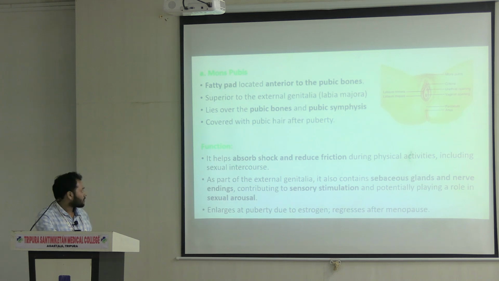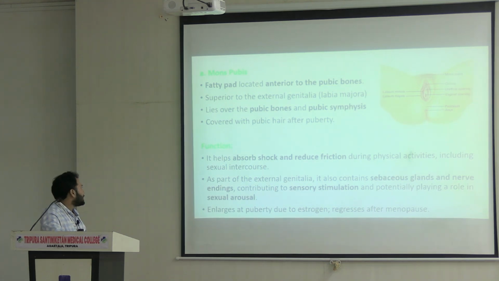It means it has some important functional role. Most importantly, the pubic hair or Mons Pubis helps to reduce the friction during sexual intercourse.